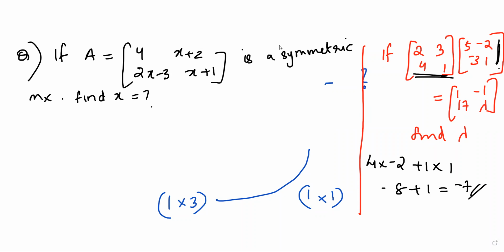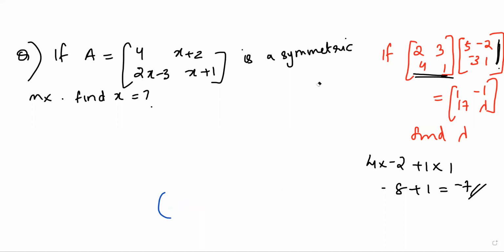Tirtha, you're getting negative 7, right? Not positive 7, negative 7 you might be getting. Okay. Do the next question. If A is equal to matrix 4x plus 2, 2x minus 3, x plus 1 is a symmetric matrix, find x.